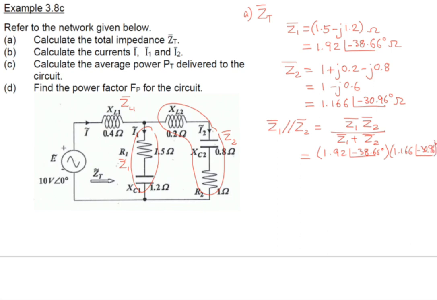And then at the bottom, because they are to be added, I use the rectangular version: 1.5 minus j1.2 plus 1 minus j0.6.